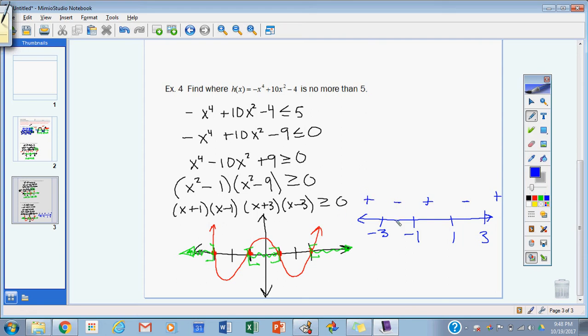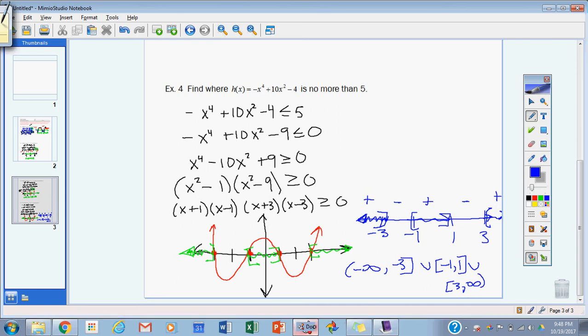So I'm skipping the testing, but that's what we would get. And then I would go from there to there, here to here, and then there to there. So our final answer would be -infinity to -3, bracket, union, -1 to 1, union, 3 to infinity.